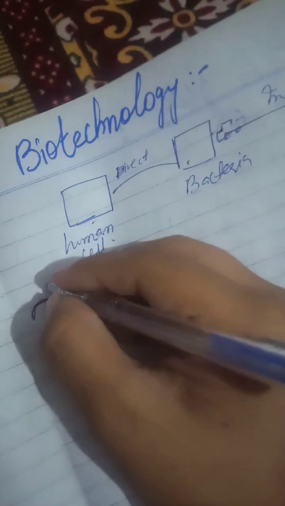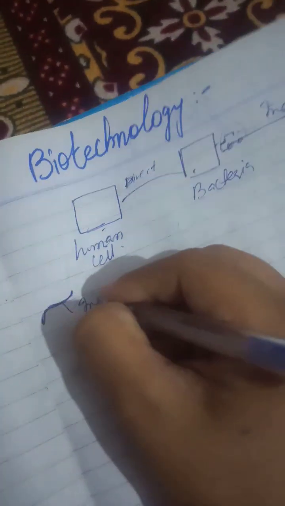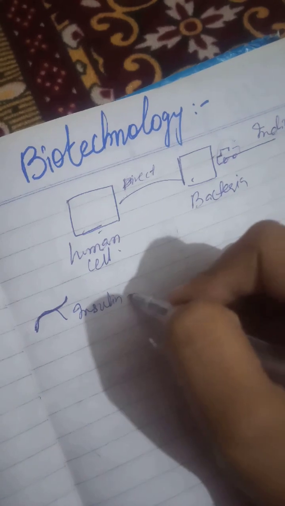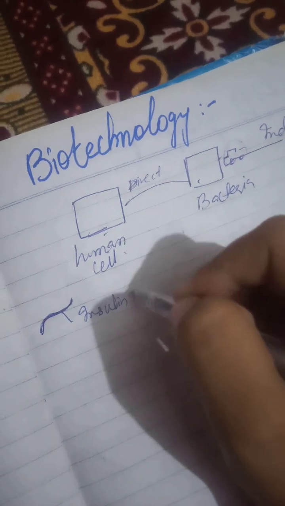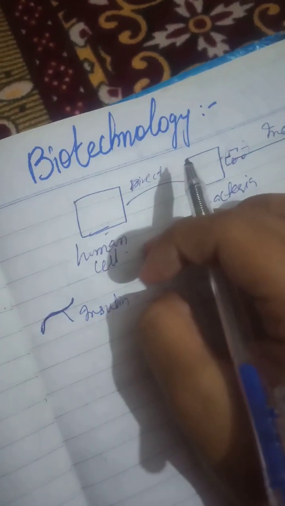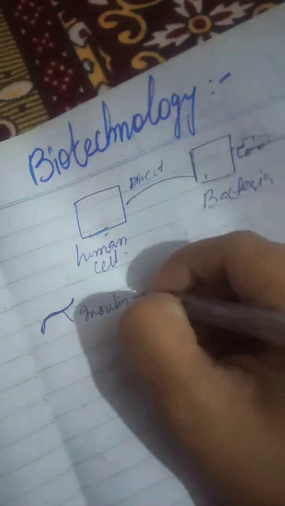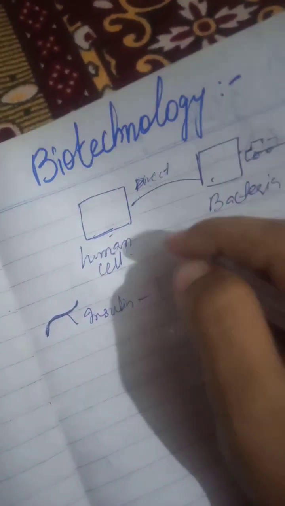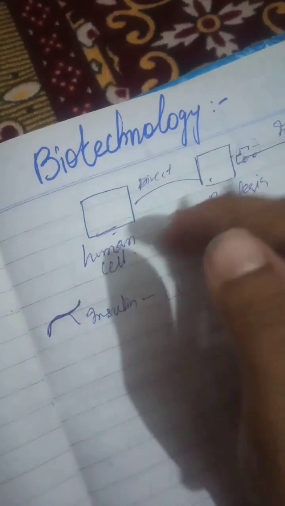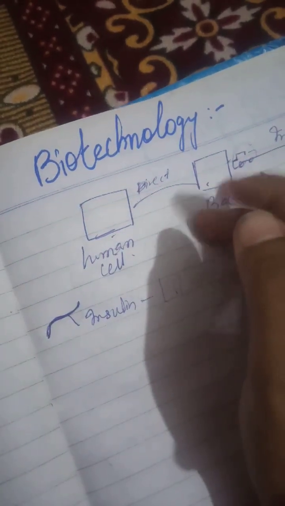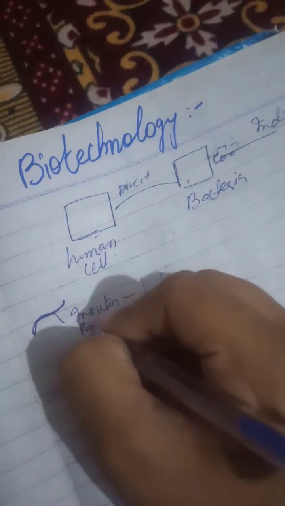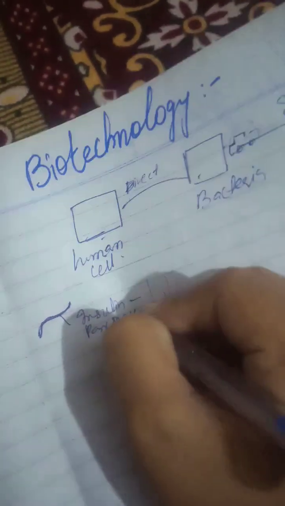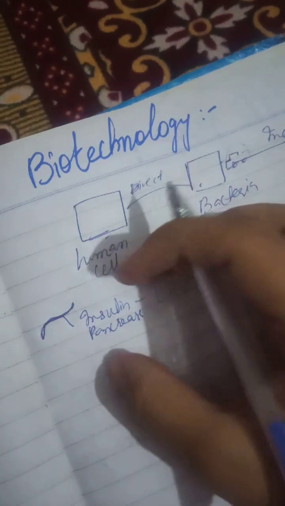Now we know here's the insulin, we need insulin. A lot of people have diabetes, so insulin is required nowadays. For its production, a lot of bottles are needed. How is that actually made and distributed into the bottles? Insulin is secreted by the pancreas, but the pancreas cannot secrete that much.